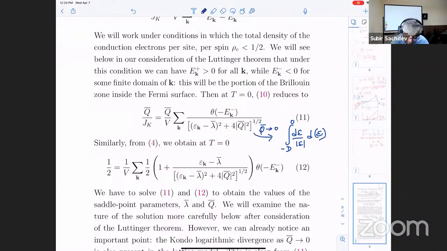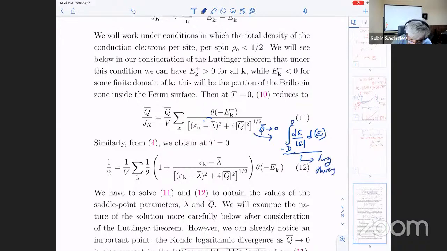Now, as Q bar goes to 0, as we'll see, lambda bar also goes to 0. So we just assume that as Q bar goes to 0, lambda bar also goes to 0, and I'll show you that in a minute. Anyway, then what you see is that this thing is log divergent.